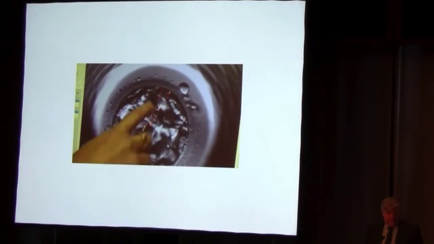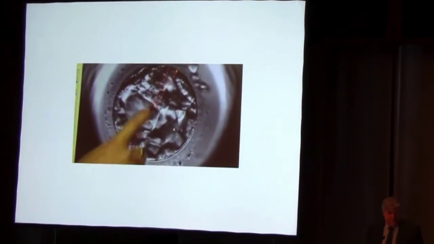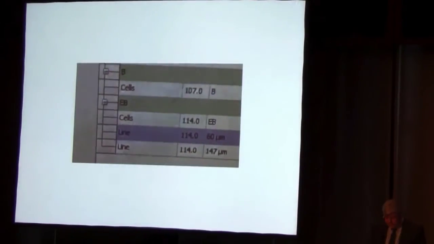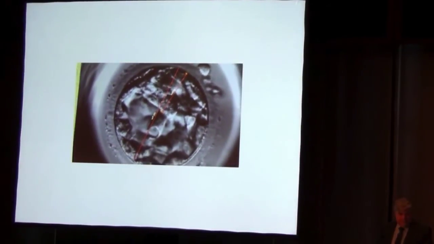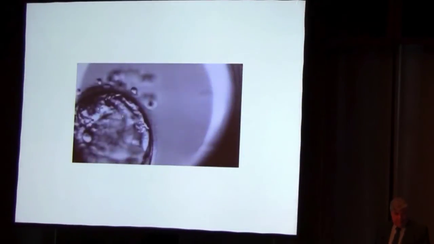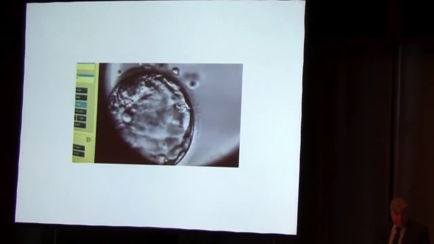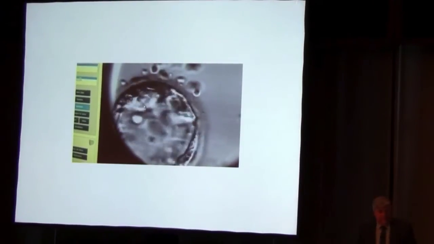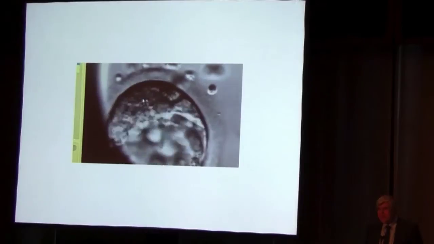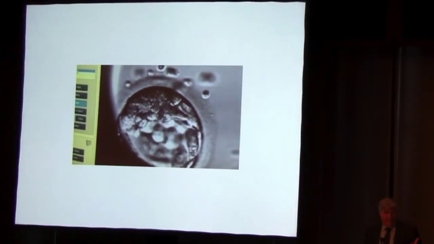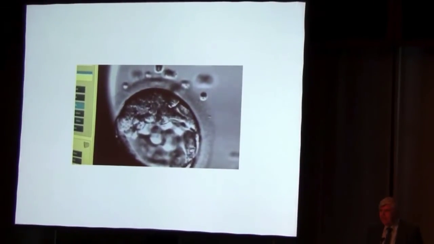And you can see here how it's being done. This looks like a very bad blastocyst, which was found to have a very good ratio and actually ended with pregnancy.